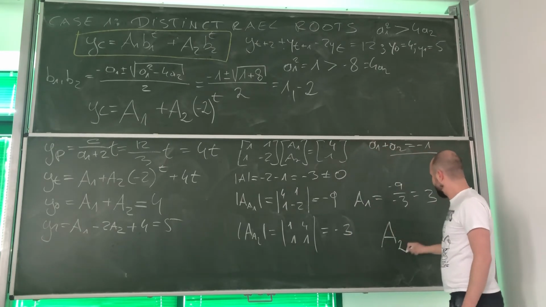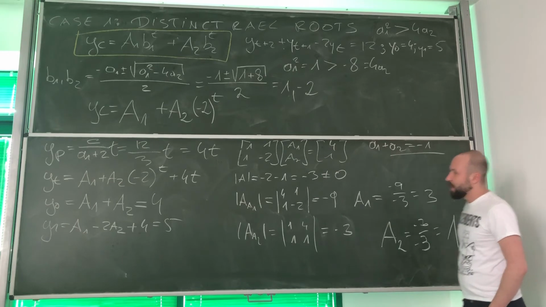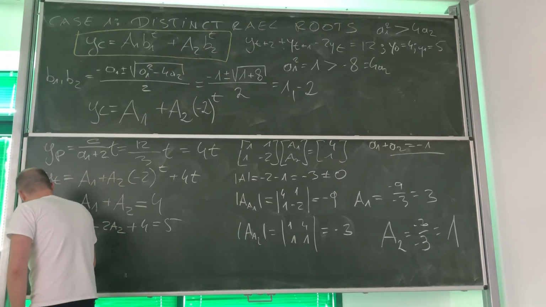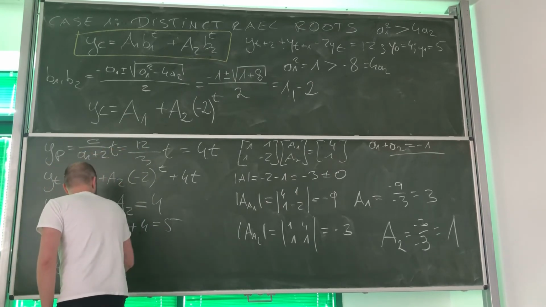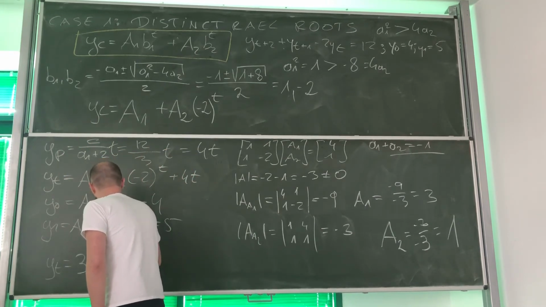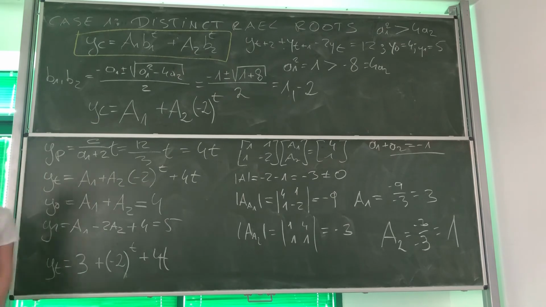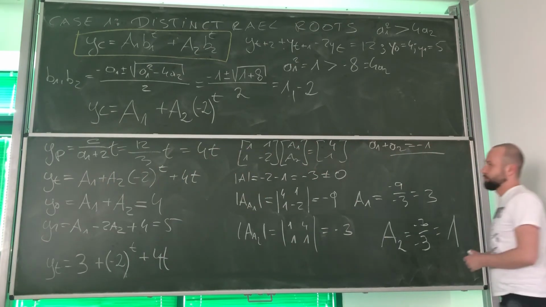So A2 is negative 3 over negative 3, which is 1. And we get that this is our general solution, and our definite solution is given by 3 plus negative 2 t plus 4 t. And look, basically, this is how we deal with the case of distinct real roots.